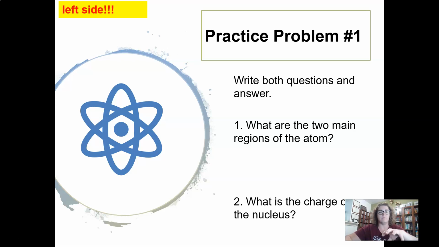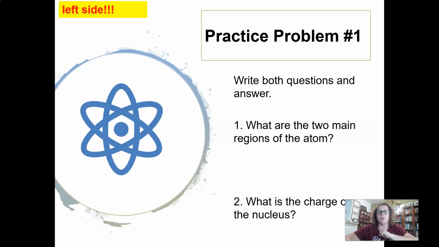Now, what's the charge of a nucleus? I always love to ask this question to students because the very first answer I always get is 0. And I say, I don't think you read the question correctly. Let's try it again. What's the charge of the nucleus? Well, then they say 0 again. Okay, let's look at what this word nucleus means. And then it kind of hits them.